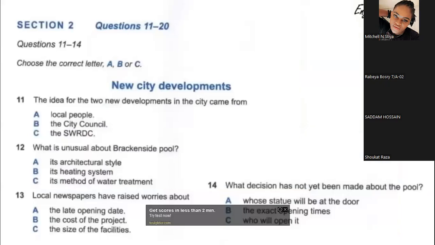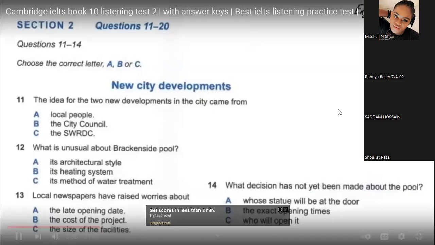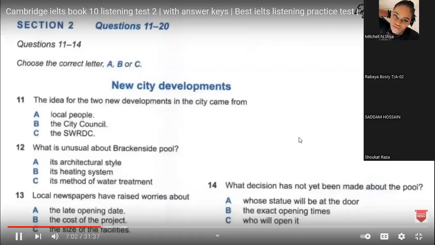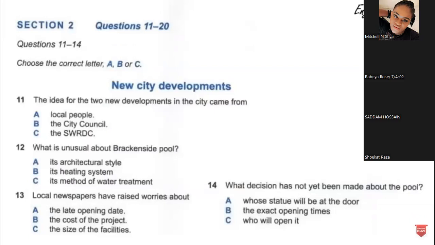Section 2. You will hear a representative of the City Council giving information about 2 new facilities which are opening soon in the city. First, you have some time to look at questions 11 to 14. Now listen carefully and answer questions 11 to 14.